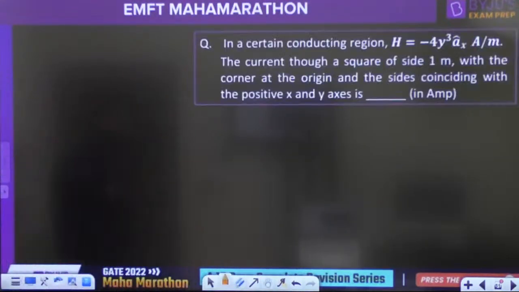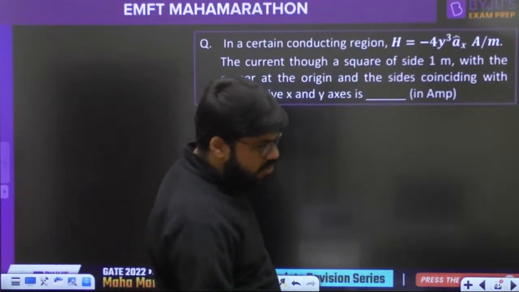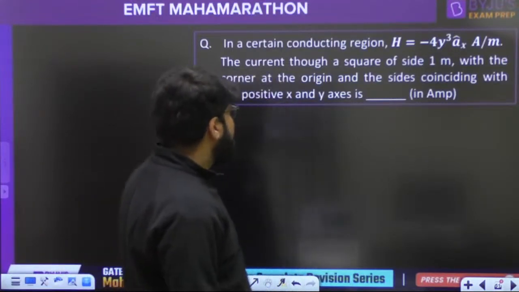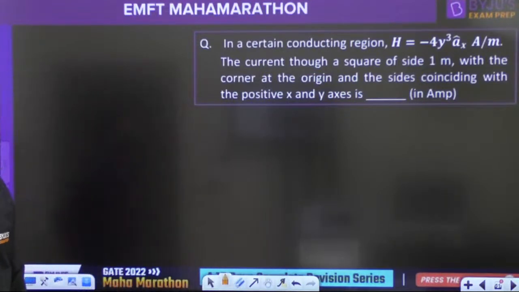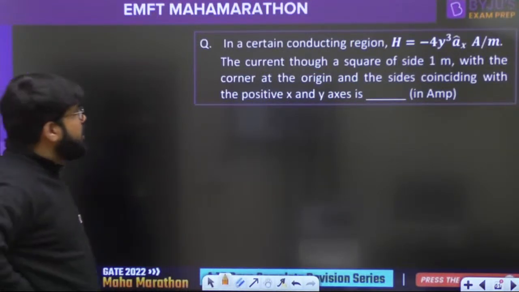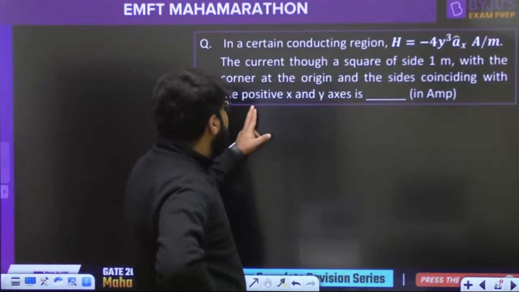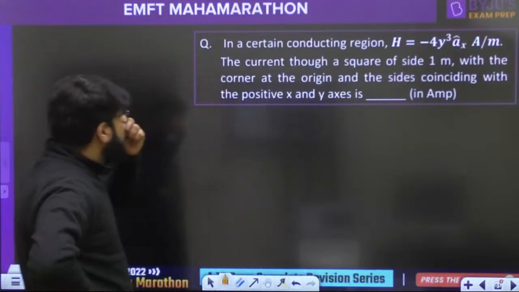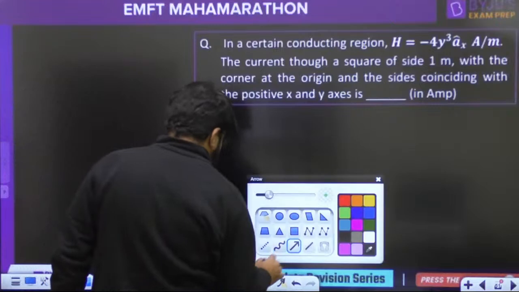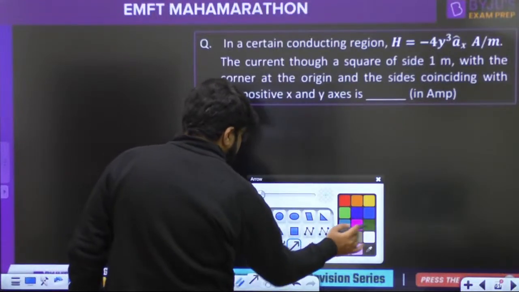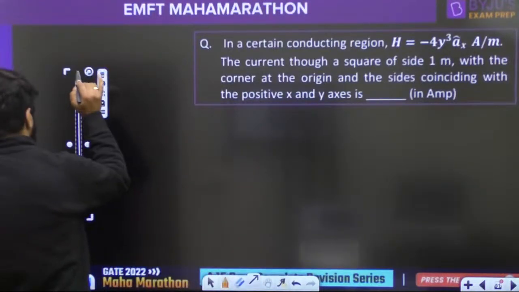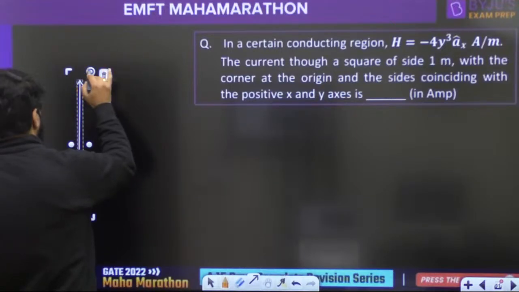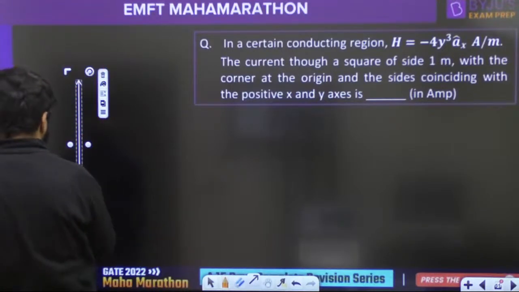Next question, guys. Now, in a certain conducting region, H is given to you as minus 4y cube ax ampere per meter. What is the current through a square of side 1 meter with the corner at the origin and the sides coinciding with the positive x and y axis? Current through a square, I'll just show you this square. The sides are coinciding with the x and y axis respectively.